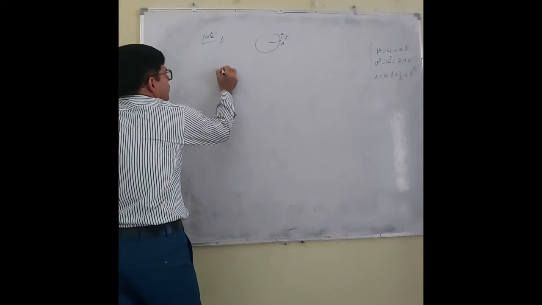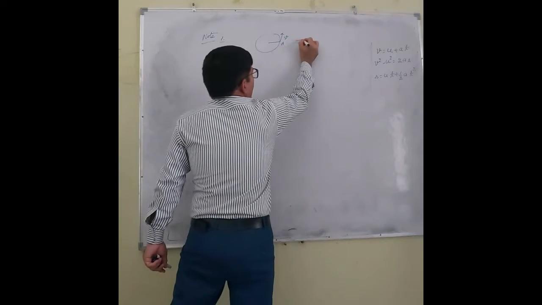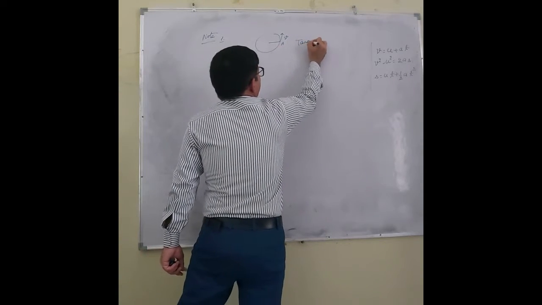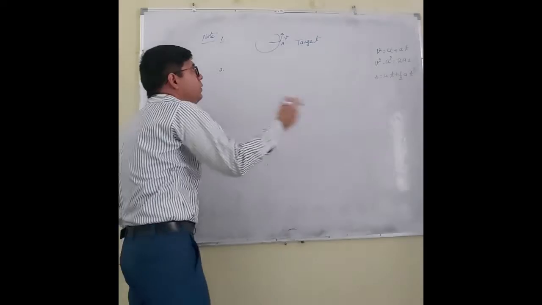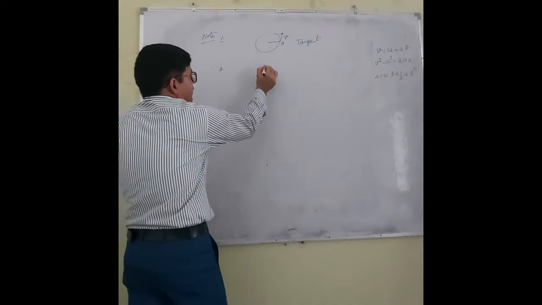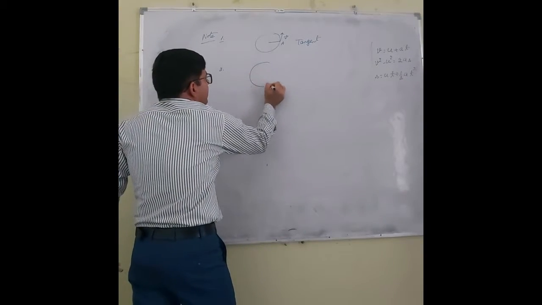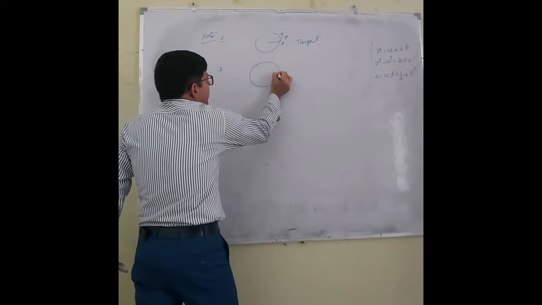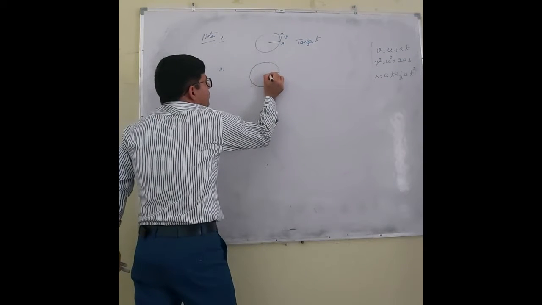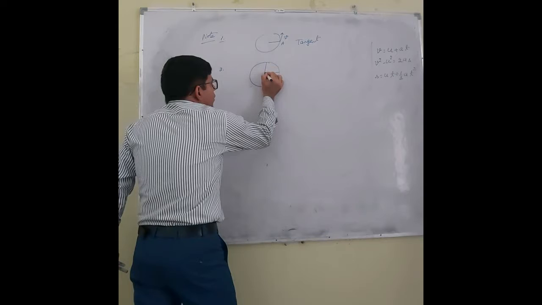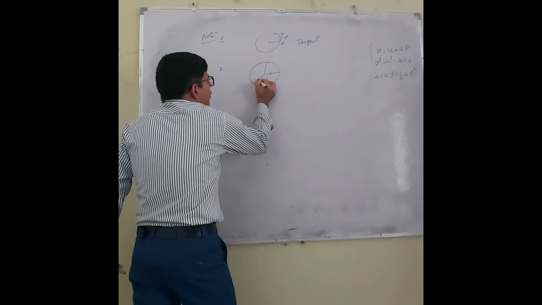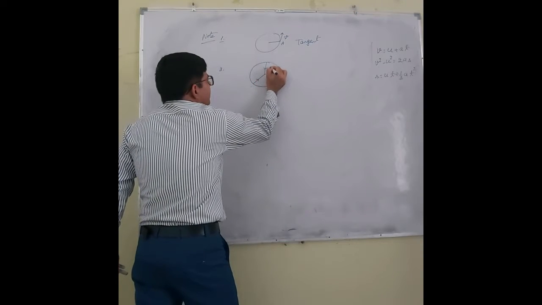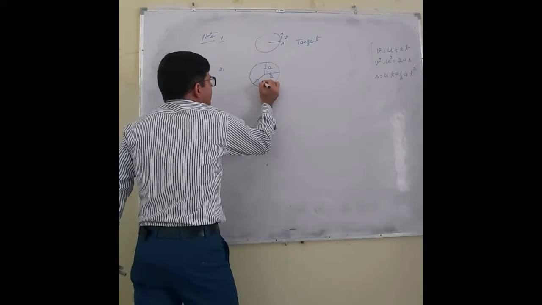The first point is about the direction of velocity or the direction of motion. The second point is that the acceleration produced in uniform circular motion is always directed towards its center. This is the direction of acceleration.